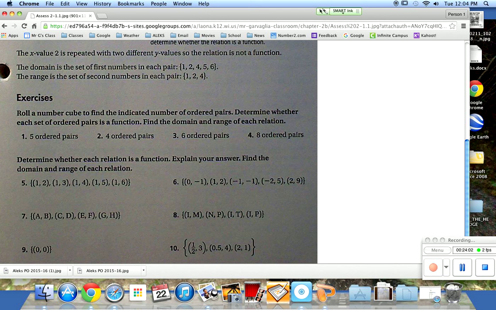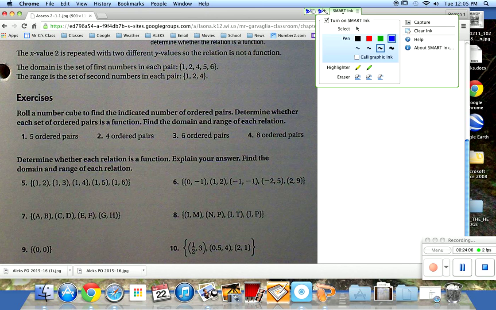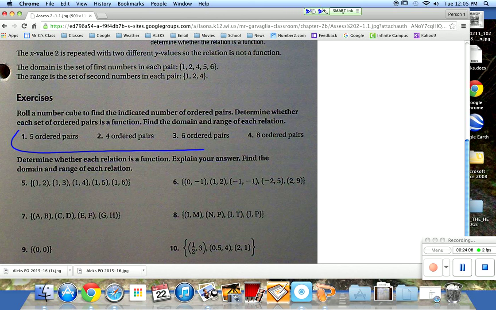I want you to do 1 through 4. So you're going to do all these 1 through 4. I want you to do the odds 5 through 9. Write it down on your note paper. 1 through 4, 5, 7, 9.